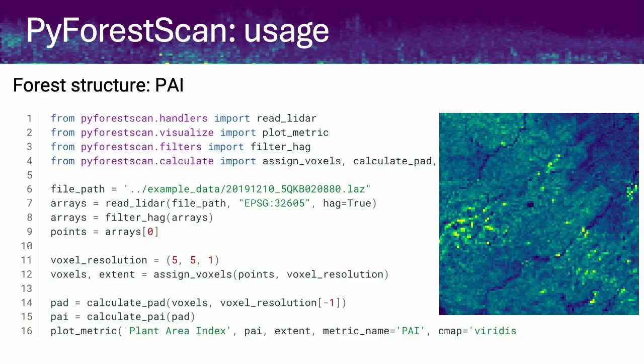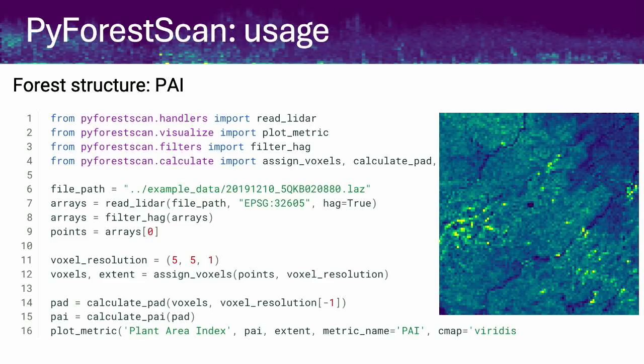If you have a classified LiDAR, like a LAS file, it'll calculate height above ground using methods that you can ask it for, or you can also supply a DTM, and it can read it off that DTM. You wouldn't have height above ground as a variable typically. It's not a LAS standard, but you might. So that's the read LiDAR function, and then that filter height above ground, I guess, is not really necessary.